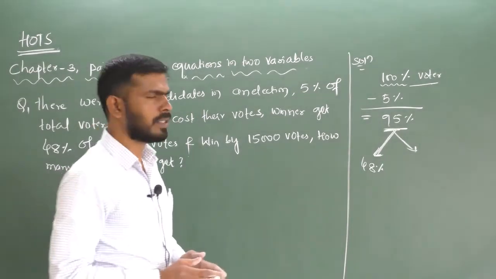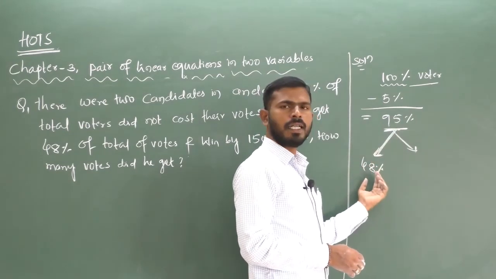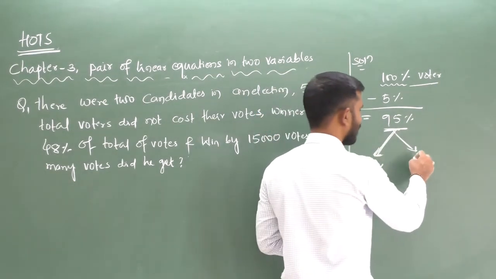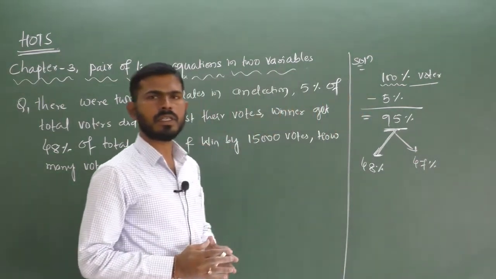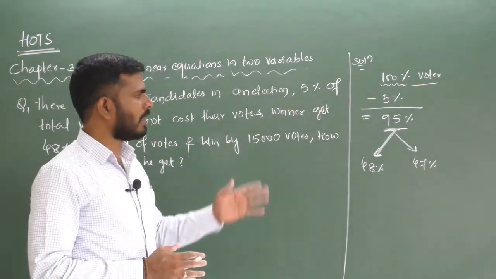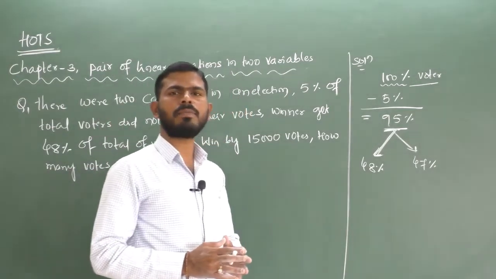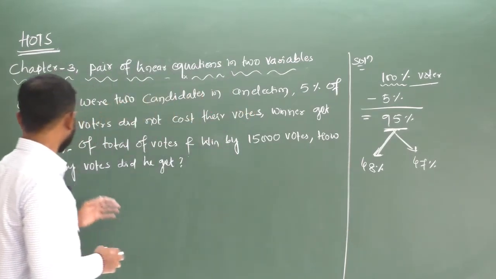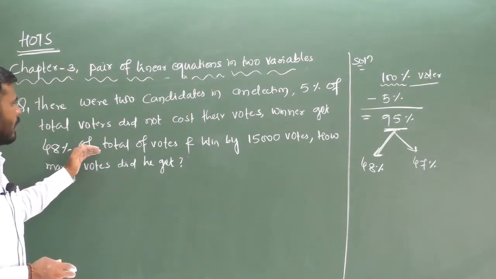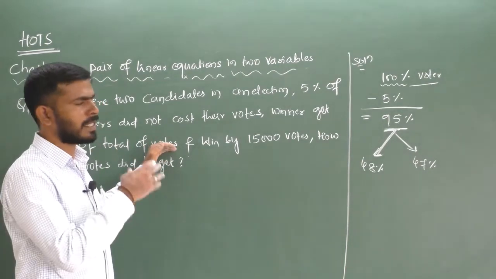And what about the loser candidate? 95 minus 48 means the remaining percentage is 47. Out of 95, the loser got 47%, but the winner got 48%. The total percentage of voters is 95.